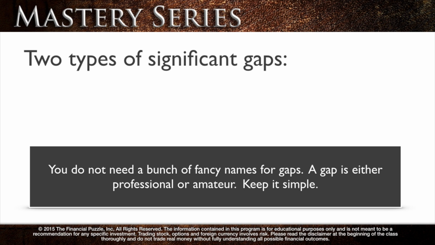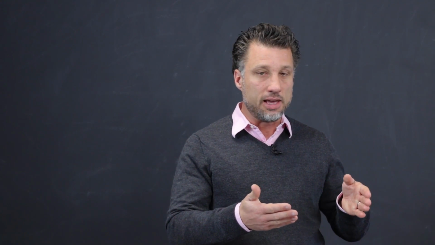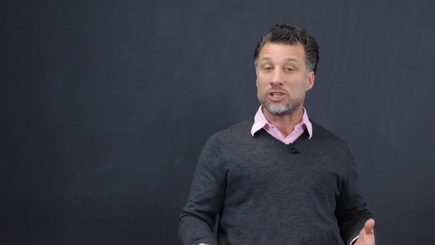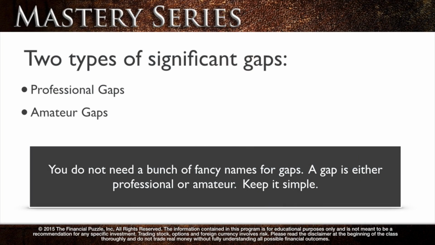A gap is either professional or it's amateur. Let's keep it simple, because the primary answer we want as traders, which is going to make us money, is what probability, based on this particular gap, the stock is likely to go higher, or that it's going to fill the gap or come back in. That's the question we want answered. The names of the gaps are irrelevant. We just want to know if it's a professional gap or an amateur gap. Those are the only two gaps I focus on.